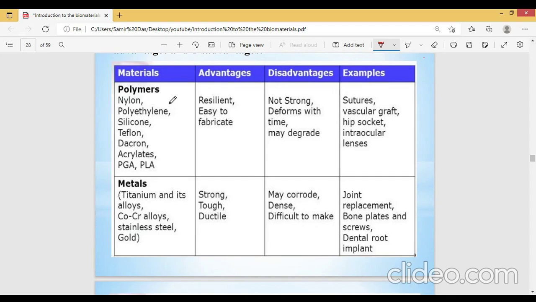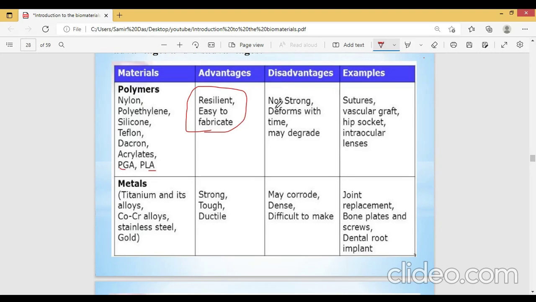So the polymer based biomaterials such as nylon, polyethylene, silicon, Teflon, Dacron, polyglycolic acid and polylactic acid are very much resistant and easy to fabricate. But the disadvantage is they are not strong.